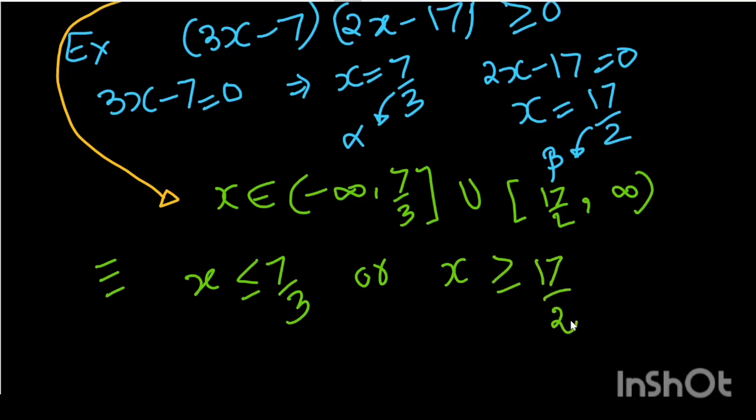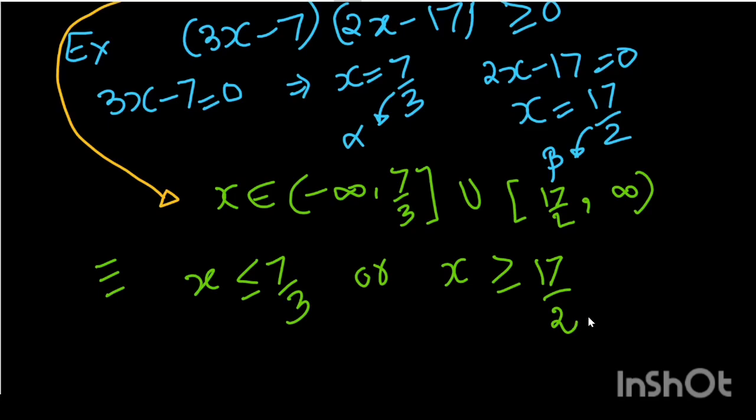So we derived this using the concept of sign, multiplying two linear inequalities, and this is method 1 of getting the solution of such an inequality.